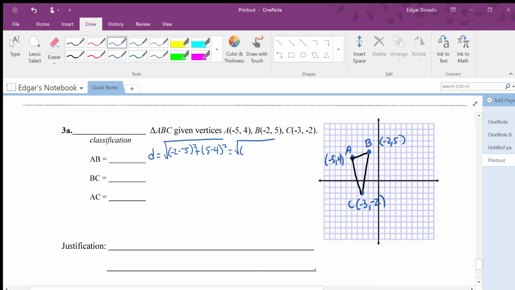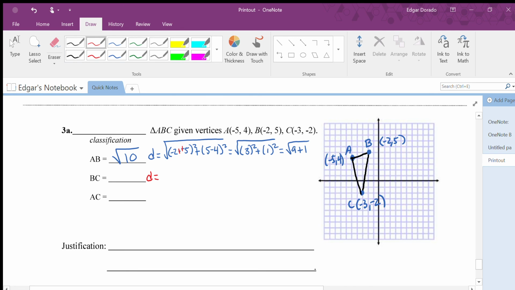So this is really a minus a negative, so it's a plus. So -2 plus 5 is 3 squared plus 5 minus 4 is a 1. So this is really 9 plus 1, and in other words, that is the square root of 10. So if you got AB, or the length of AB as the square root of 10, you guys are on the right track.